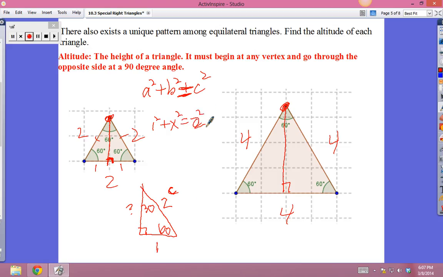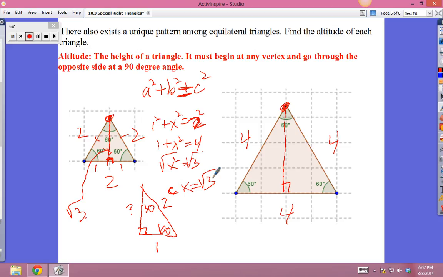C is 2, so it's going to equal 2 squared. So 1 plus x squared equals 4. X squared equals 3. And then undo the square, square root this. X is going to be square root of 3. So the altitude of this triangle is the square root of 3.